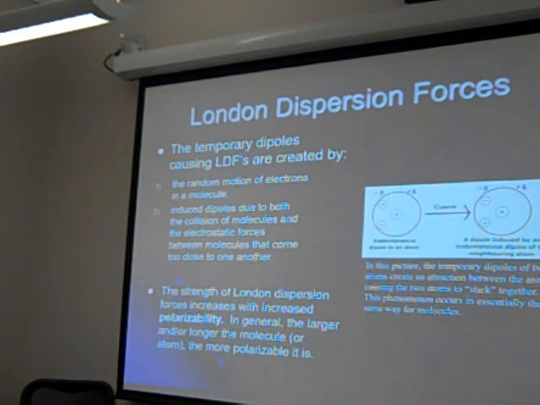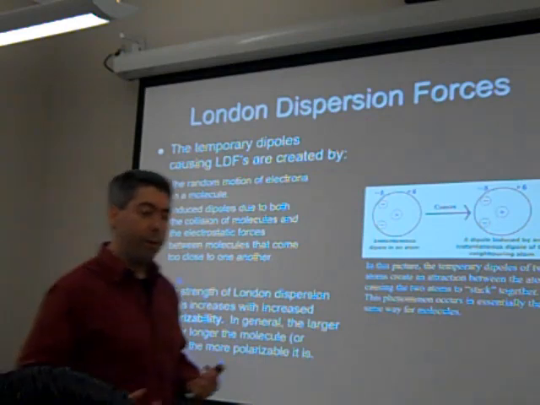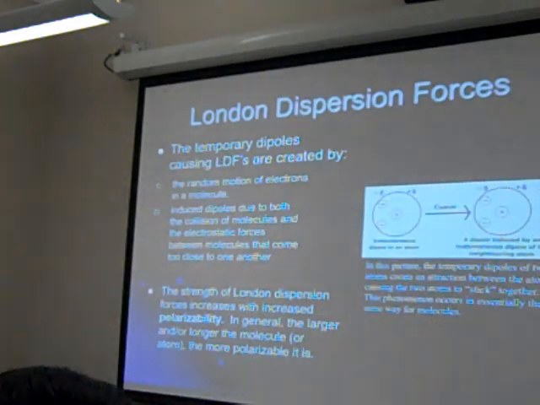Now these both have 4 carbons and 10 hydrogens. Which one of these molecules would have greater intermolecular forces? Which one would have greater London dispersion forces?